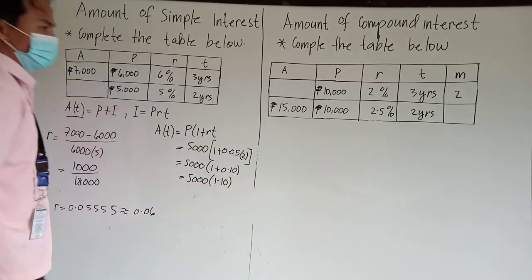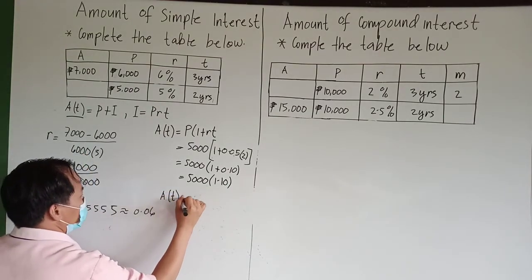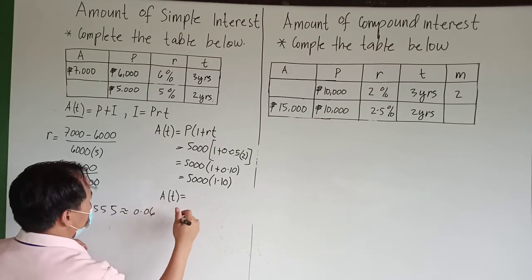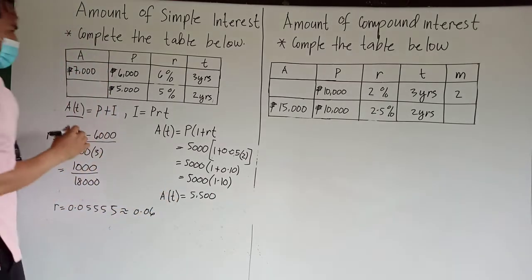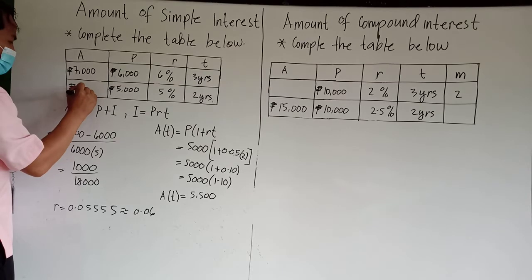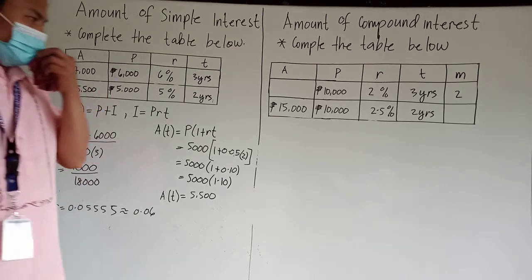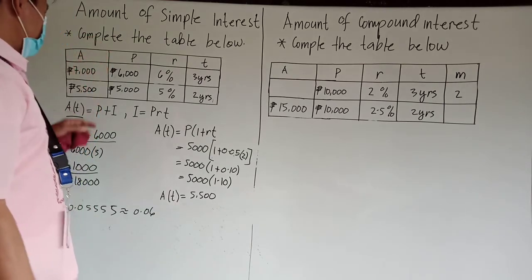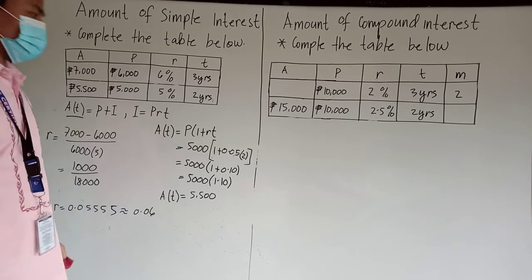Then when we simplify that, it will give us our A(T), or our amount of the simple interest, which is equivalent to 5,500. So the answer here is 5,500 pesos. This is now the answer for the first table referring to the amount of the simple interest.